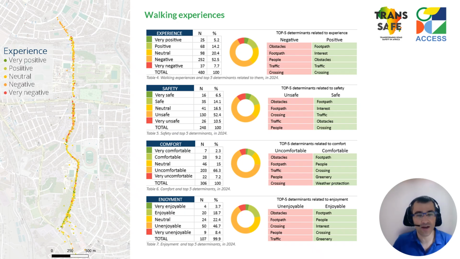We could separate the data or the experiences by safety, comfort, and enjoyment, although they showed a very similar pattern. And we also identified the top 5 determinants, both for negative and positive experiences. So which were the things that people identified as influence for the positive and negative experiences.